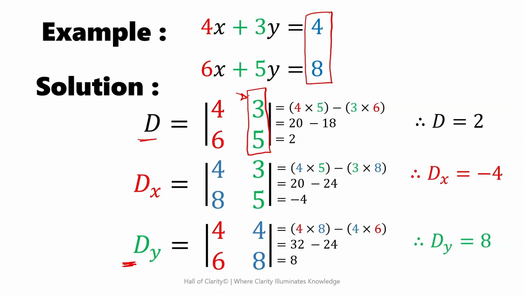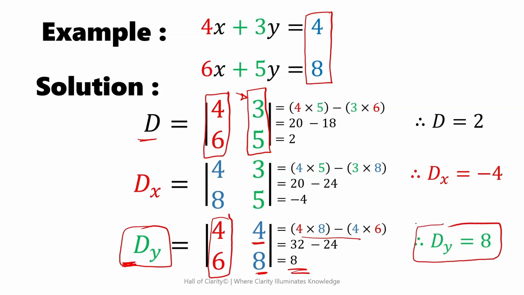After replacing this column of coefficients of y with 4 and 8, we write the coefficients of x of determinant D as they are in determinant Dy. In this way we write the determinant Dy. Then after writing this determinant, we solve it and obtain the value of Dy, which comes out to be 8.